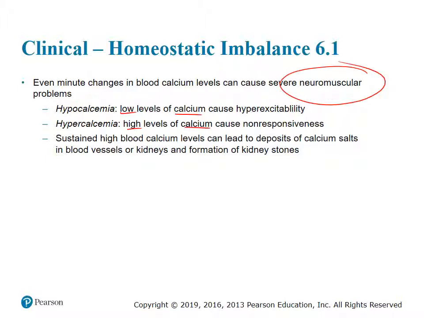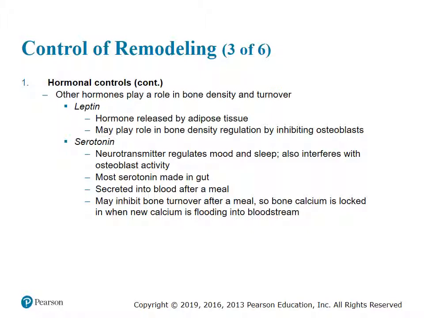So again, these will affect the nervous system and the muscular system if it's out of range. Now, high levels of calcium in blood can also cause deposits of calcium in other organs, for example in the blood vessels or in the kidneys, and that can actually cause these stones, or calcareous deposits. Those are the other ways to say them, right? Kidney stone deposits in kidneys.